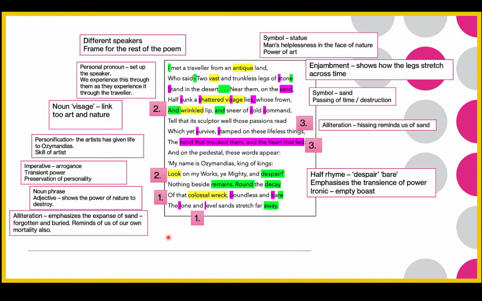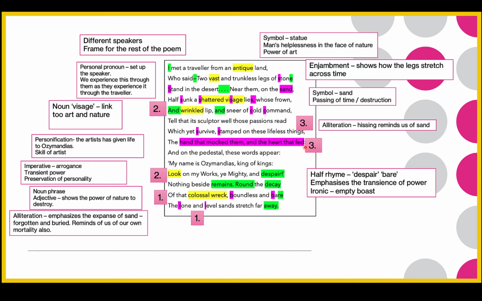And I've done that right here. So you can see that my ideas, I've numbered them. So anything that I want to talk about in terms of nature is number 1. Anything that I want to talk about in terms of a cruel leader or tyranny is number 2. Anything to do with art is number 3. Okay? So I've got 2 1s, which means I've got 2 quotations for number 1, 2 2s, 2 quotations for my point number 2 or my section number 2, and 2 3s.